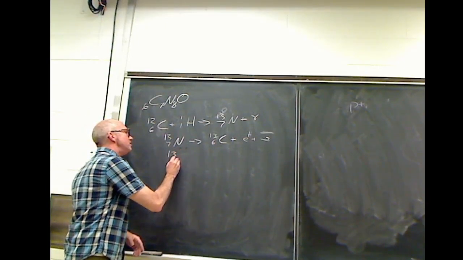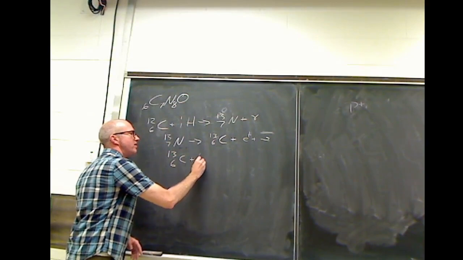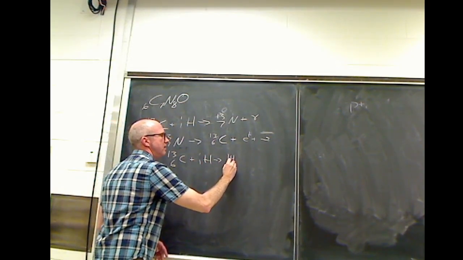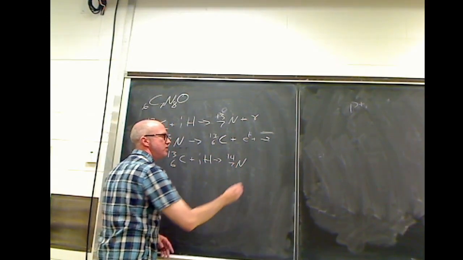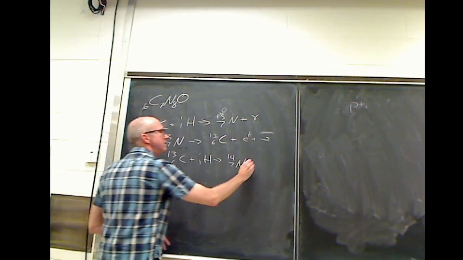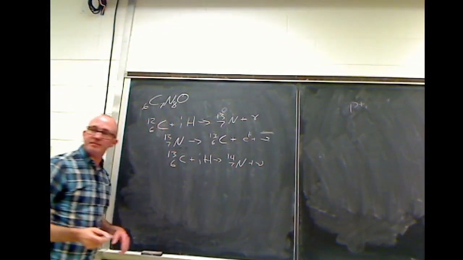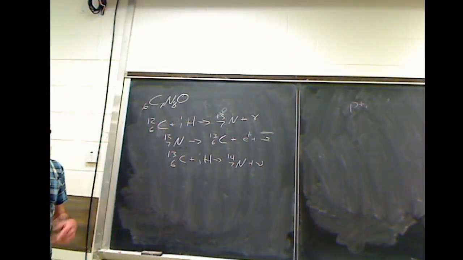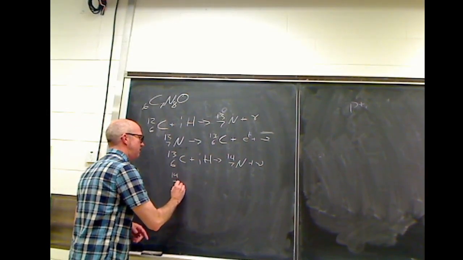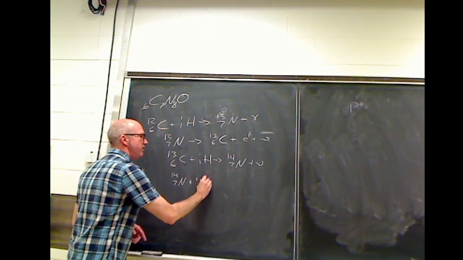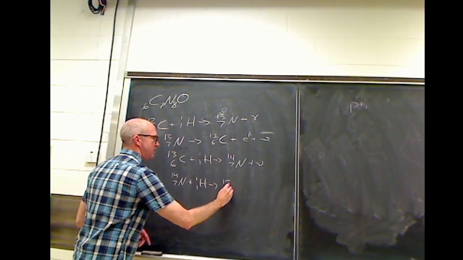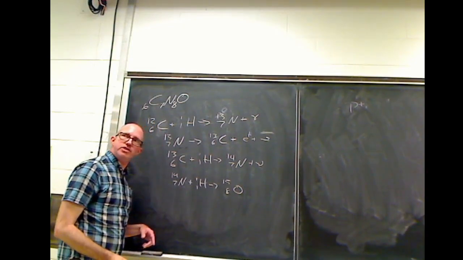Then we take the carbon and we pack on another hydrogen, and this gives me nitrogen again. Does that give me a neutron? It does. This nitrogen is stable, so if we pack on another hydrogen, then we get to oxygen.